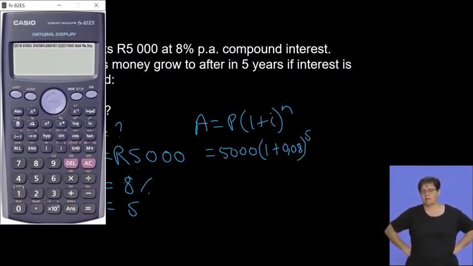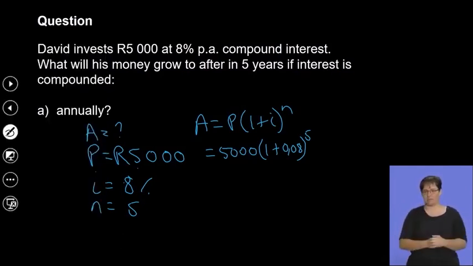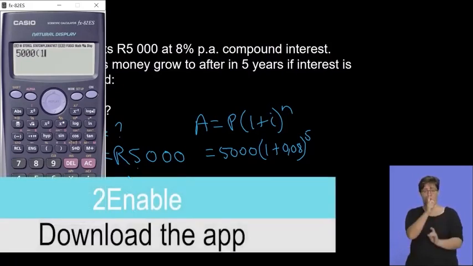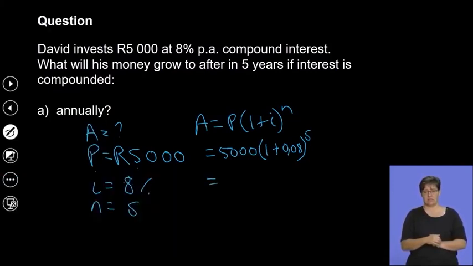Okay, so if we go to our calculator, this will be 5,000, open the bracket, 1 plus 0.08, all of this raised to an exponent of 5, and this will be 7,346, right? So this will be 7,346 and a number of cents there.